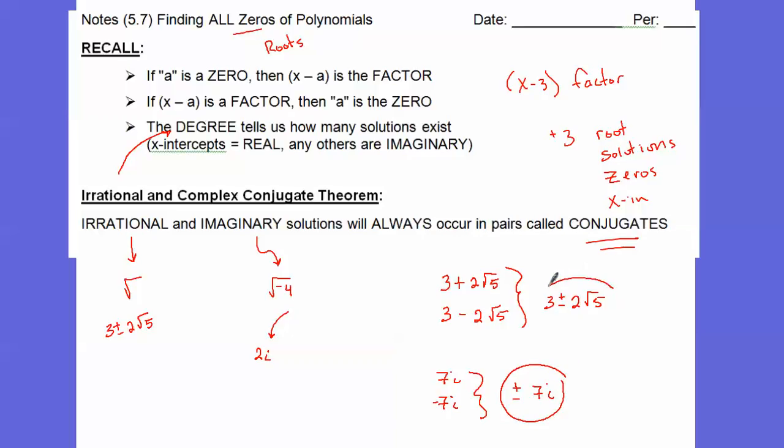This would be the pair of irrational answers. Many times you might see something like 2 plus 3i. This would be 2 plus or minus 3i. This would be the pair of answers. They always come in pairs.